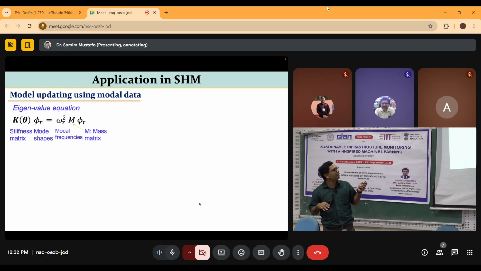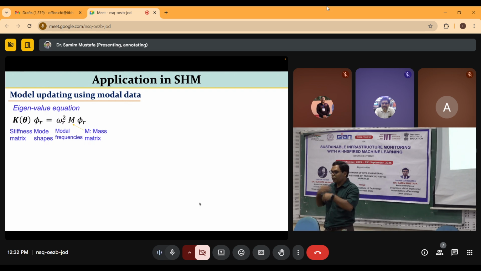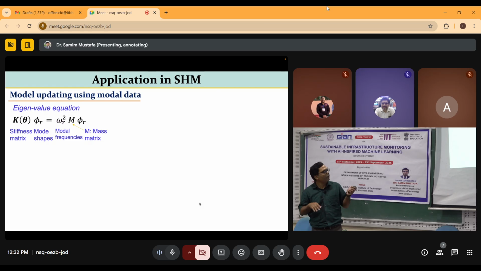Here we are writing K as a function of theta. Why? We are considering K as uncertain. Theta is the parameter that we want to update. In the case of mass, we are not writing it because we are assuming that mass is accurate. If it is not, then you have to also write some function and update it.